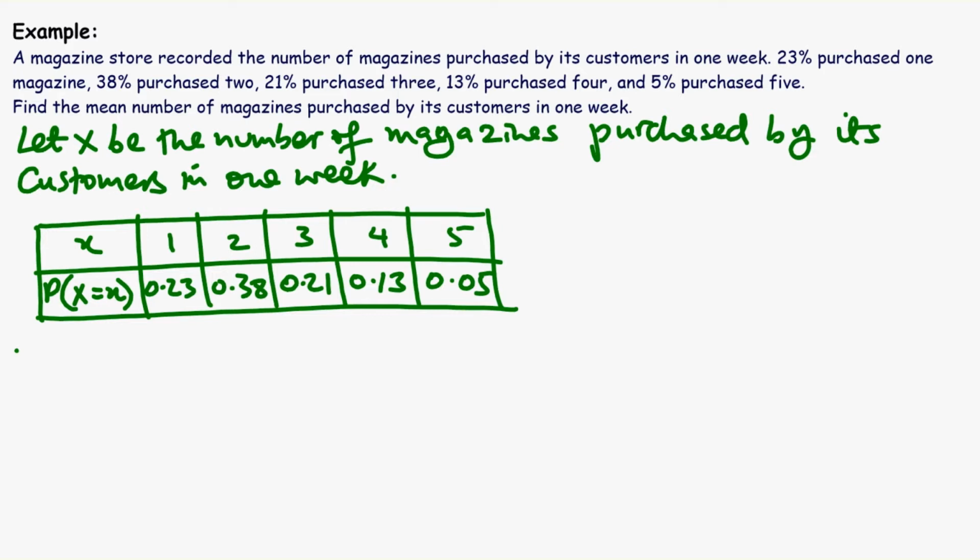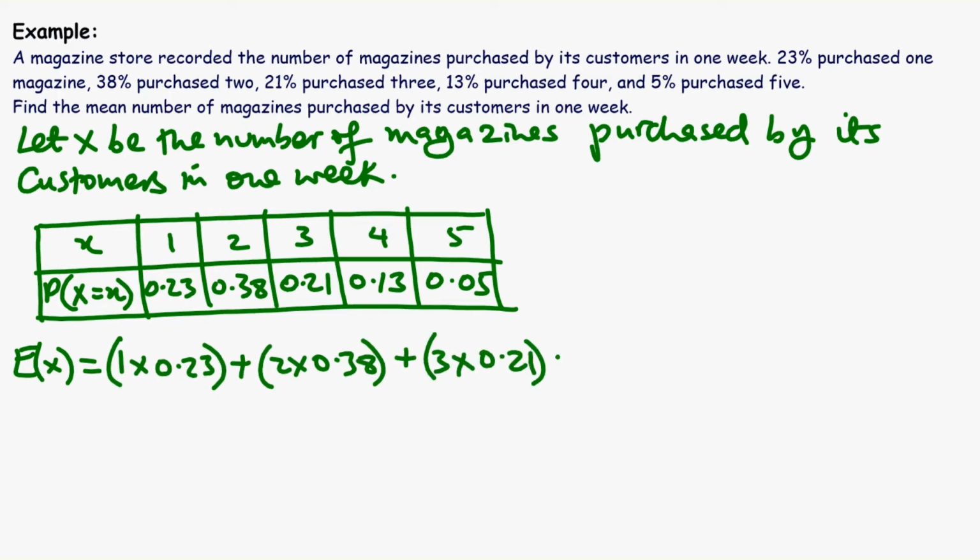So the expected value, or the mean, will be 1 multiplied by 0.23, plus 2 multiplied by 0.38, plus 3 multiplied by 0.21, plus 4 multiplied by 0.13, plus 5 multiplied by 0.05. If you plug this in your calculator, it should be equal to 2.39.